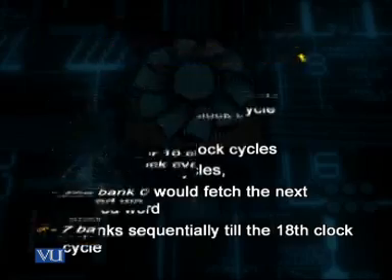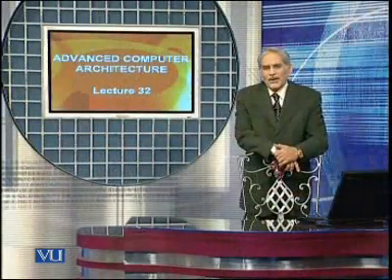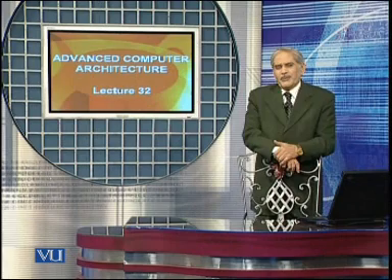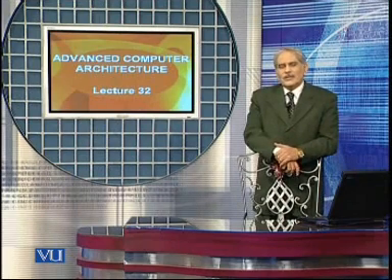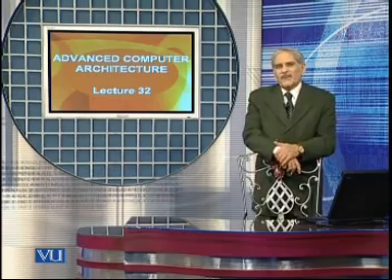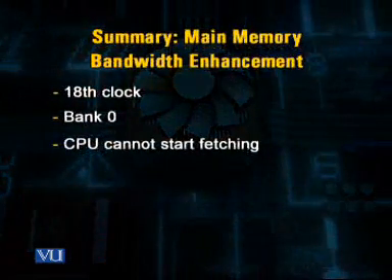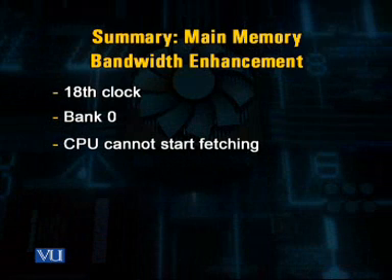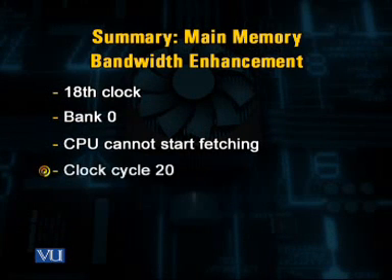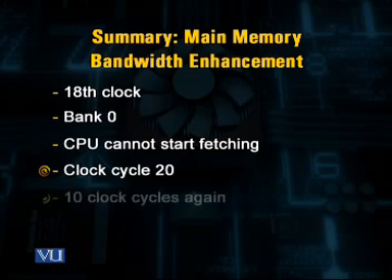The 8 clock cycles are for the first 8 banks, whereas the 10 clock cycles is the total access time. Therefore, it has to wait for 2 clock cycles. Hence, the CPU cannot start fetching until clock cycle 20, as to complete the next access, it requires 10 clock cycles again.